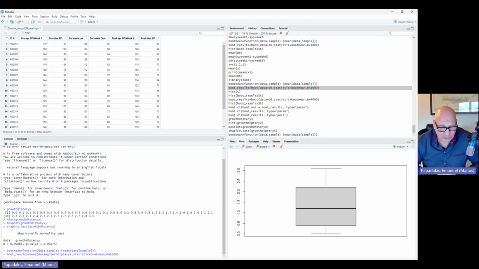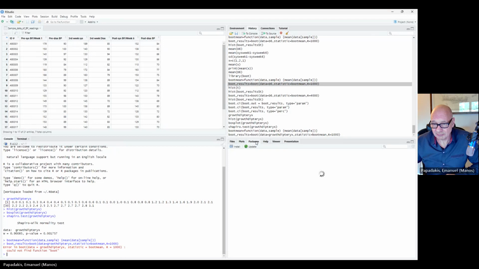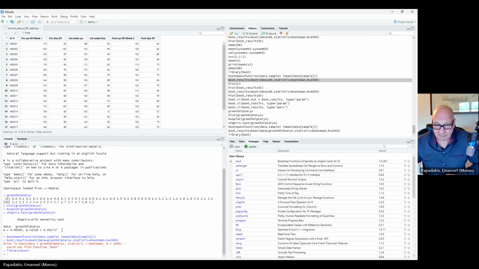So I'm putting now the correct data set here. Mistake. Load the package boot before. You need to load the library. Now let's run the commands.